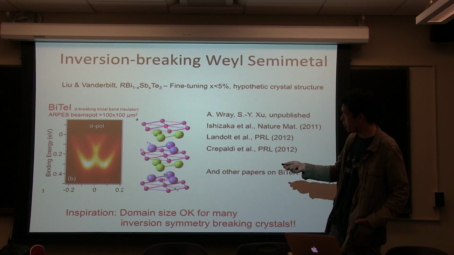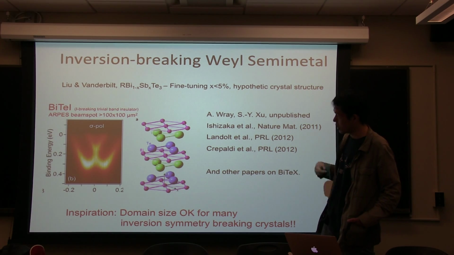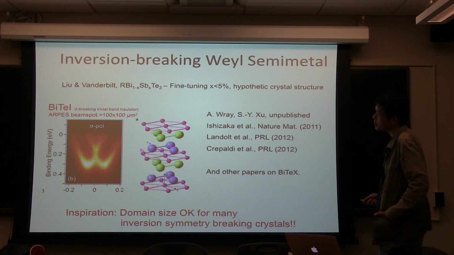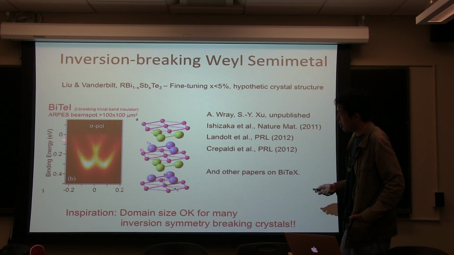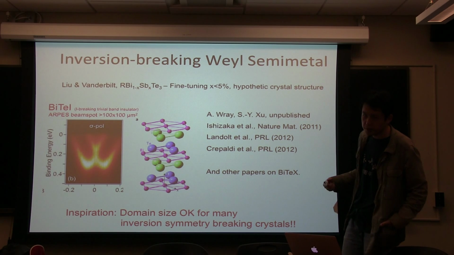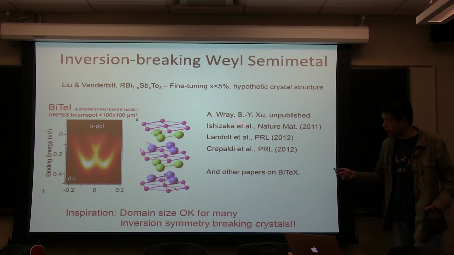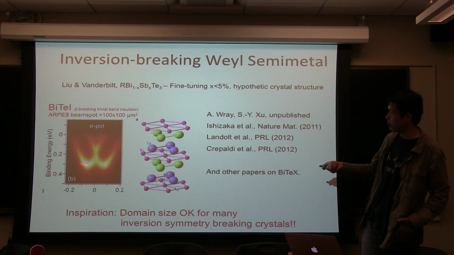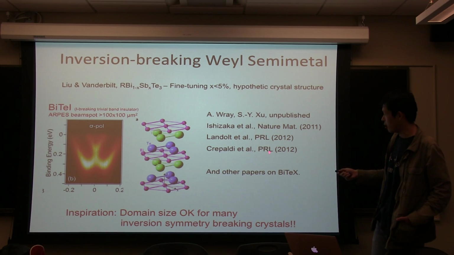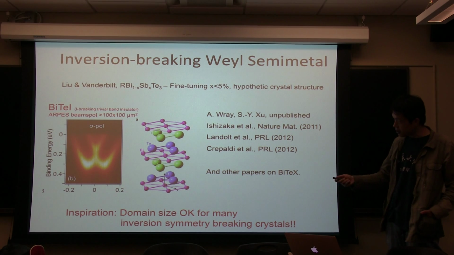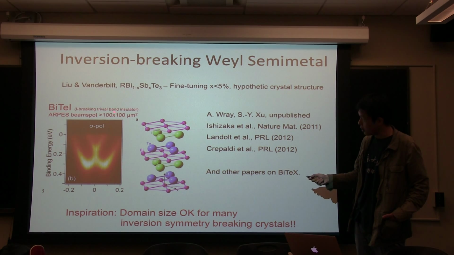But it has this simple ABC stacking that breaks the inversion symmetry. Now here is the ARPES data, and we see these beautiful Rashba bands. This is our data, but this sample has also been studied by many other ARPES groups. And what this tells us, we know that the ARPES beam spot is quite large.